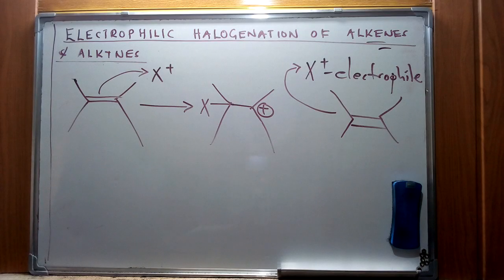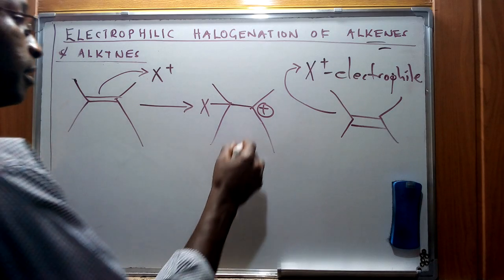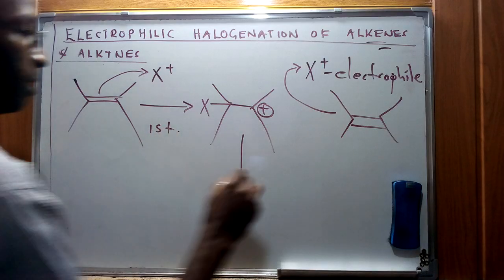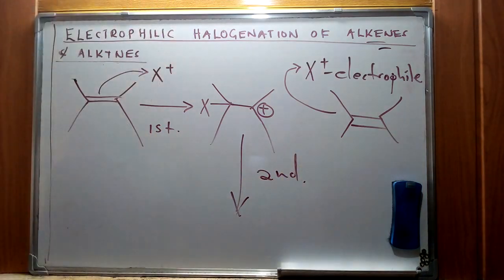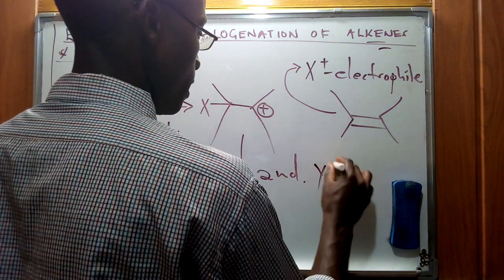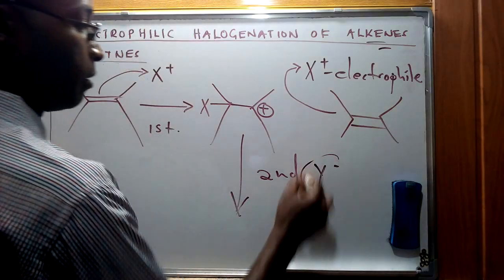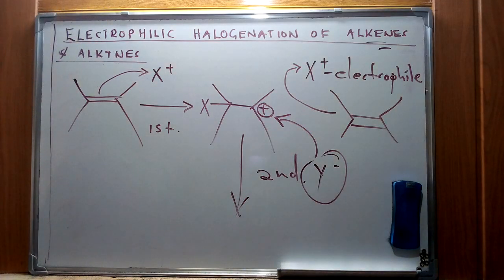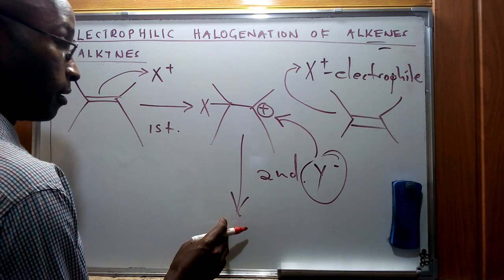So in this particular case, this is the first step, and there's going to be a subsequent step whereby the electrophile which has been formed interacts with an electron-rich species, which is going to be an ion. We can give an example of that particular ion, and this reacts with the electrophilic part, leading to the formation of a final product, which we refer to as a vicinal dihalide.